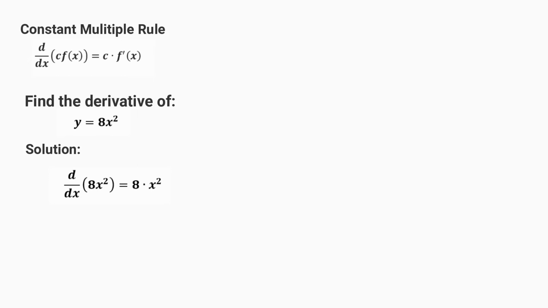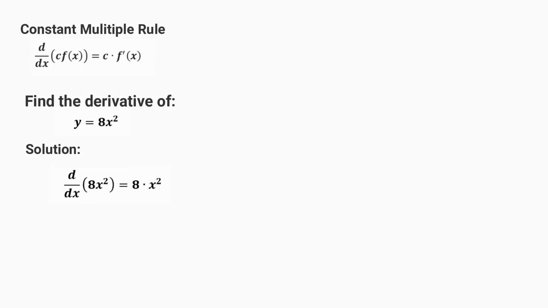Now we can differentiate x squared using the power rule. So let's write the constant 8 and let's take the derivative of x squared. If we recall, the derivative of a variable raised to a constant is n times x raised to n minus 1. So it will be 2x raised to 2 minus 1.